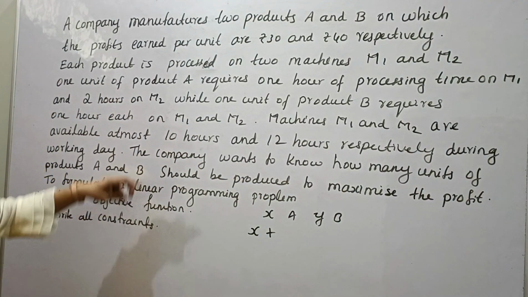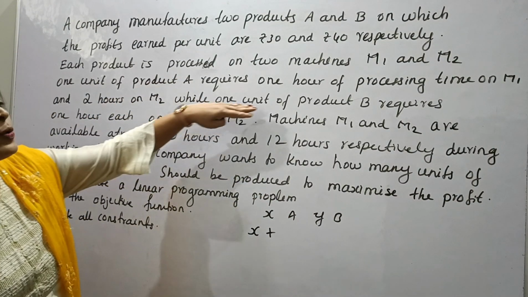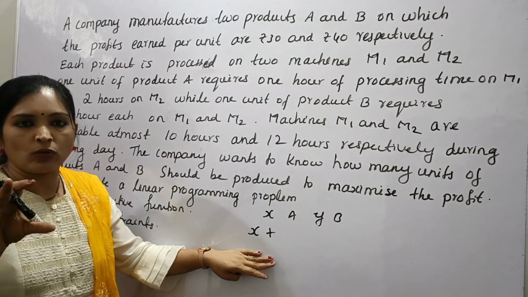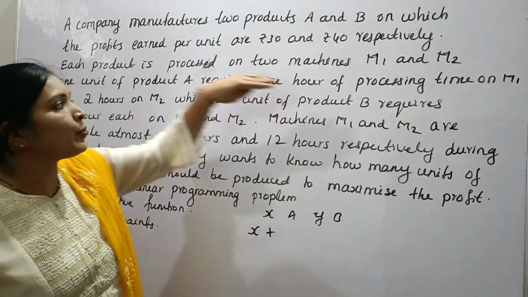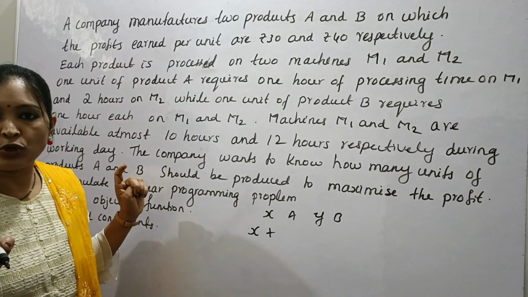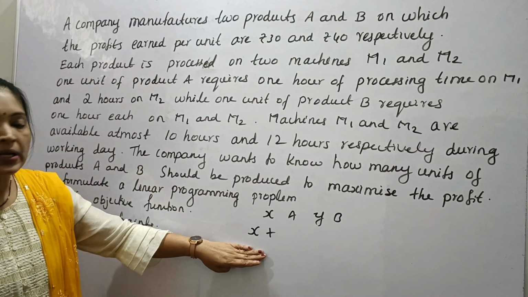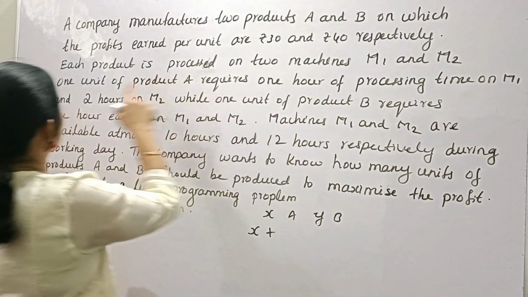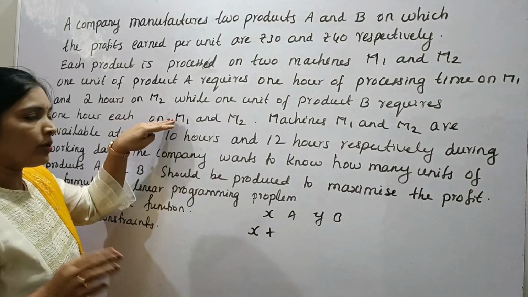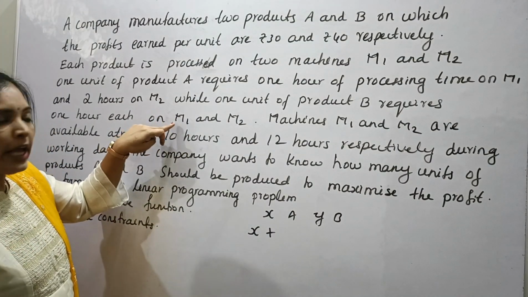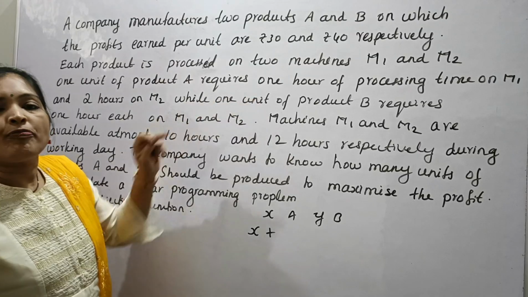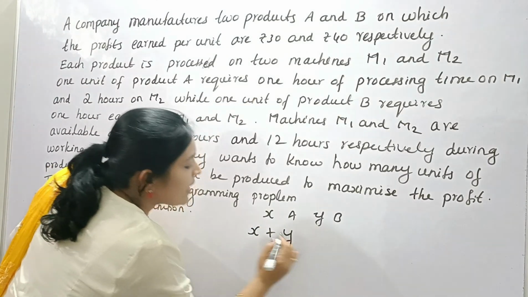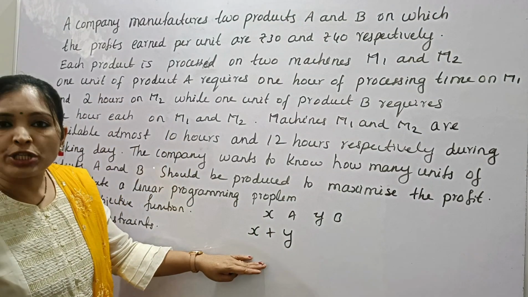Plus, next, in machine M1, product B: 1 unit of product B requires 1 hour each on M1 and M2. We need only M1 now. So in M1, 1 unit of product B requires 1 hour. Then the total time is x plus y in machine M1.